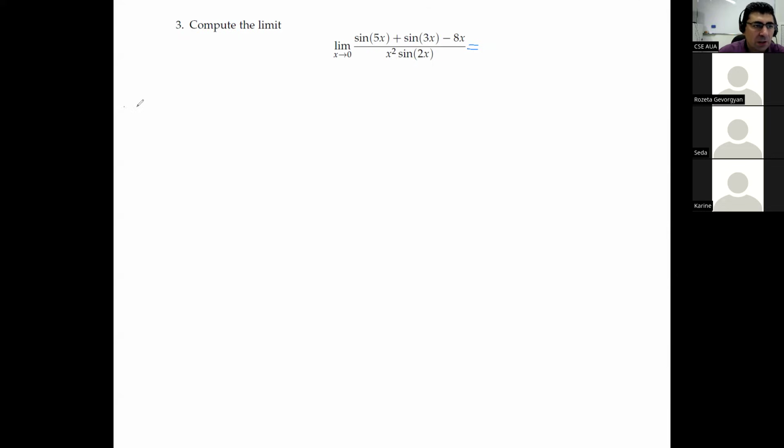So I will write limit x tends to 0 of 2x divided by sine 2x, multiplied with sine 5x plus sine 3x minus 8x, divided by 2x cubed. So we just multiplied and divided by 2x.